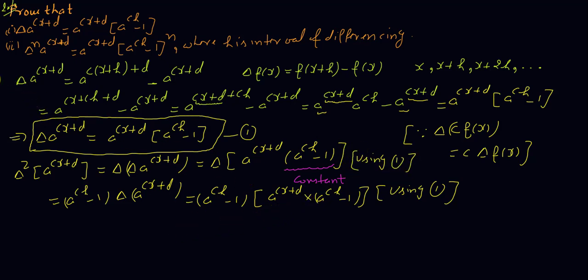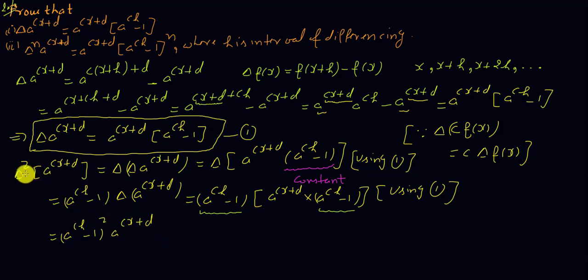See here that this is 1, this is 2, so it will be (a raised to the power ch minus 1) whole square, and we can write it as (a raised to the power ch minus 1) whole square times a raised to the power cx plus d.